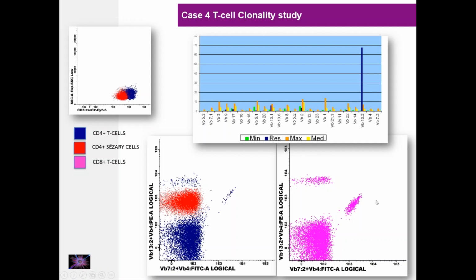If we want to compare to the CD8 T cells, we can see there is no similar expansion, and if we take into account the expression of CD3, we can also see that there is a lower expression of the abnormal CD4 positive T cells, and this is very suggestive of one pathology, which is Sézary syndrome.